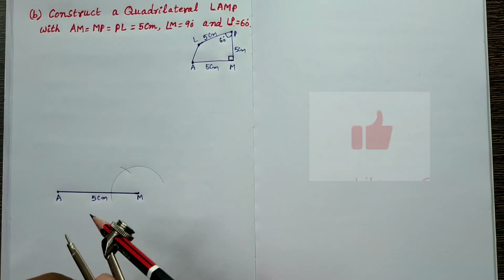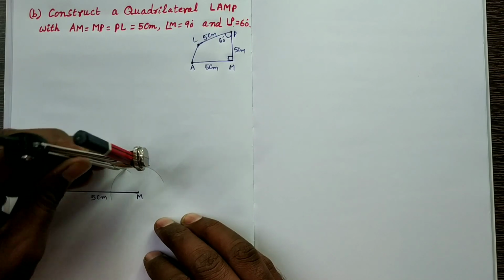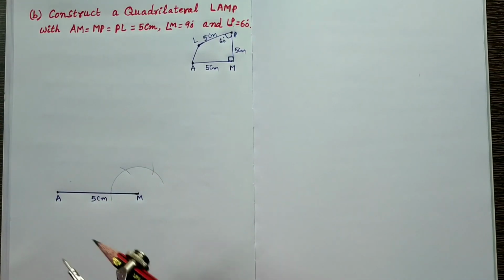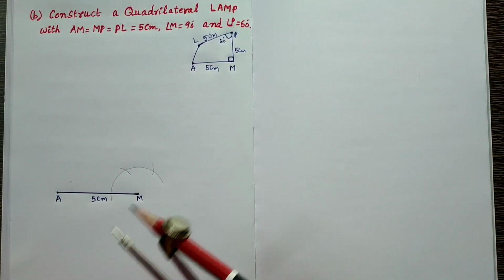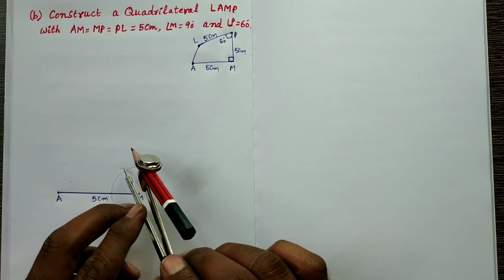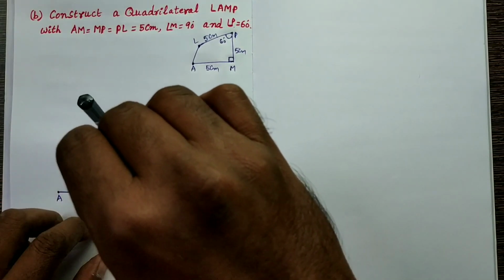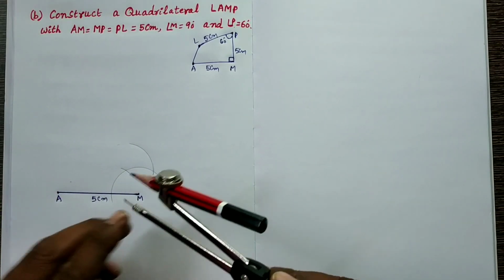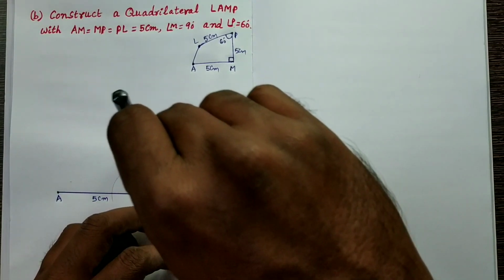It indicates 60 degrees, and from 60 degrees with the same radius draw another arc. It indicates 120 degrees. We have to construct 90 degrees, which lies between 60 and 120. So from 60 degrees you draw one arc, and from 120 degrees you draw another arc.